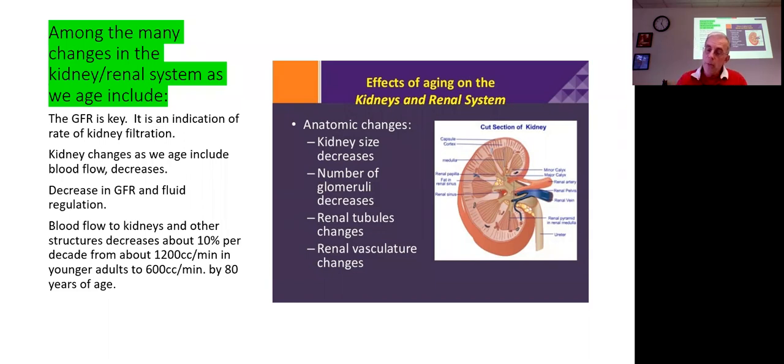Also, because all fluids and blood generally filter through the kidneys, with a reduction or an abnormal filtration rate, your body or your kidneys have a tougher time regulating fluid and electrolyte balance, if that makes sense. If the filtration rate is altered in any way, fluid and electrolyte balance is going to be altered as well.